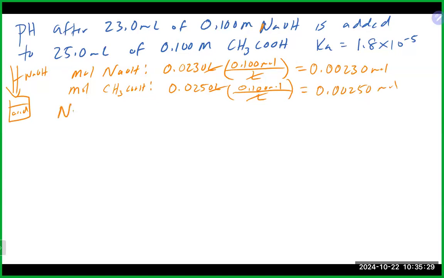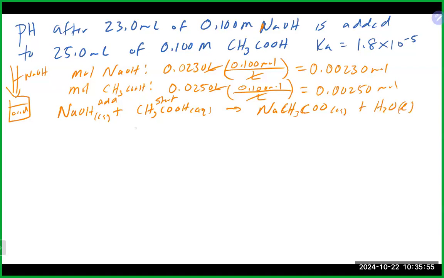We're going to do our sodium hydroxide, which is what we're adding, plus our acetic acid, which is what we started with, giving us sodium acetate, and our water in this case. We're going to use our moles. Initially we have 0.0023 moles of this, and 0.0025 moles of this.